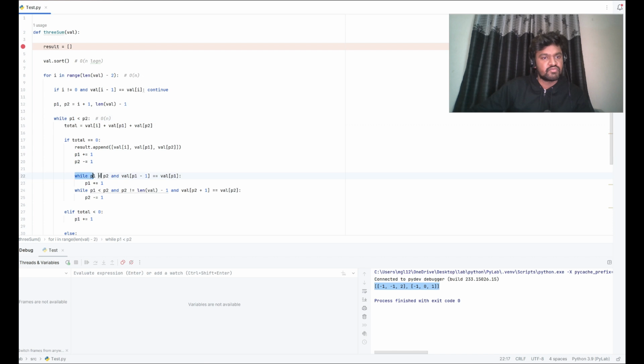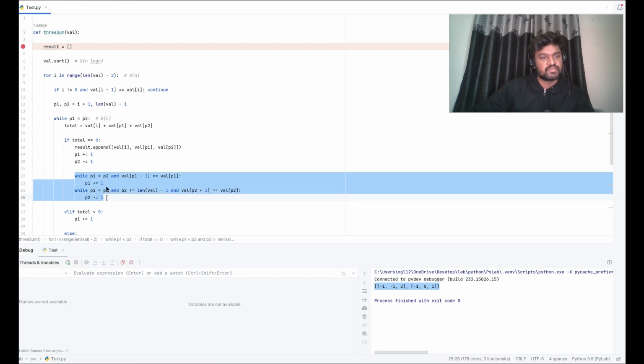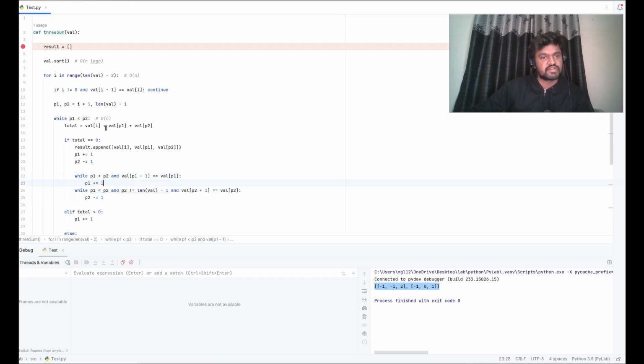So this while loop is also doing the same check, and it's just decrementing some workload from this while loop, correct? So we don't consider this as a loop, so just ignore it. Here we have order of n. N means 1, just consider this as 1.